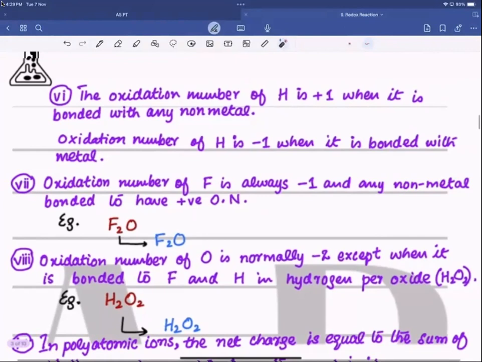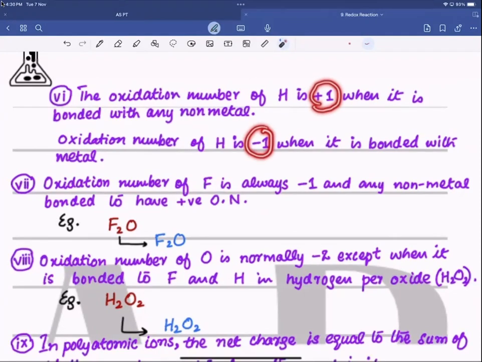You have to understand about hydrogen. How many electrons are in an atom of hydrogen? Yes, student. One. So it means hydrogen is going to lose that 1 electron or gain one electron. So the oxidation number of hydrogen is either going to be +1 or -1.